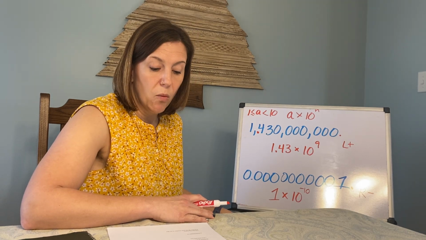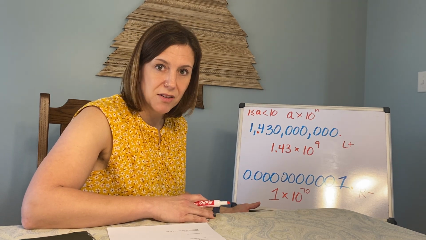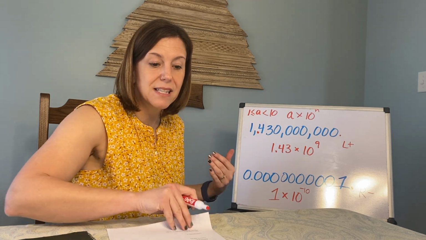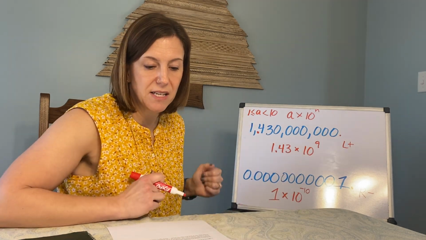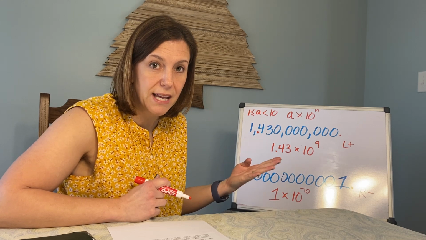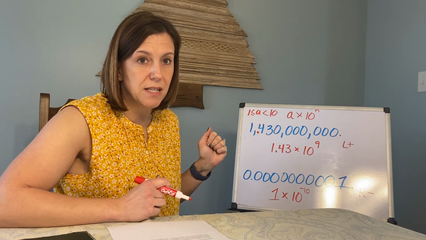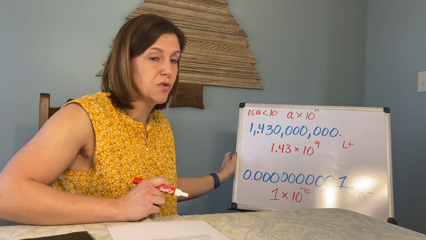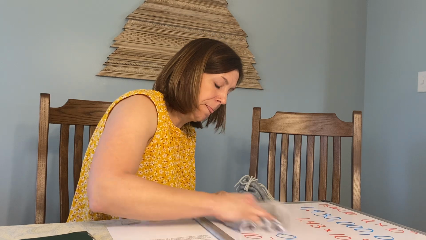Okay, what I want you to do is to pause the video and practice the next few of writing them in scientific notation. There are 4 given to you in standard. I want them in scientific notation. Pause the video and try those, and I'm going to clear my board and write those.